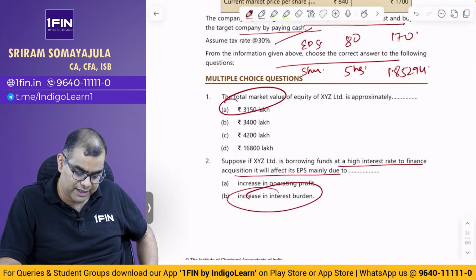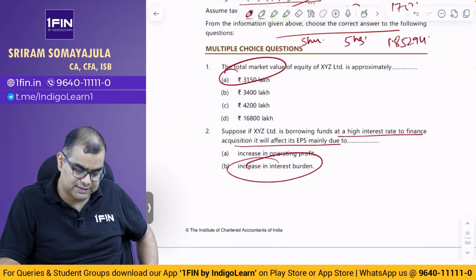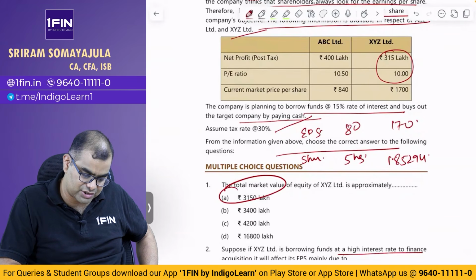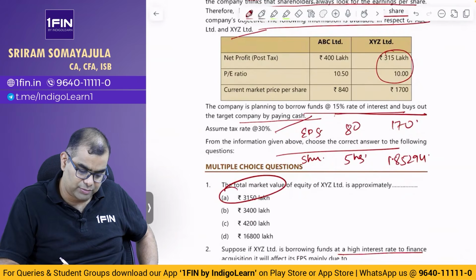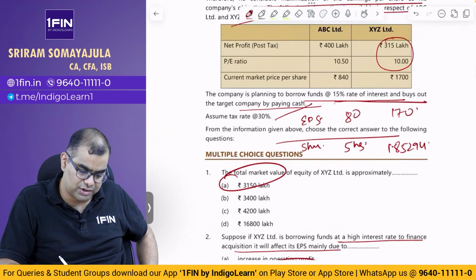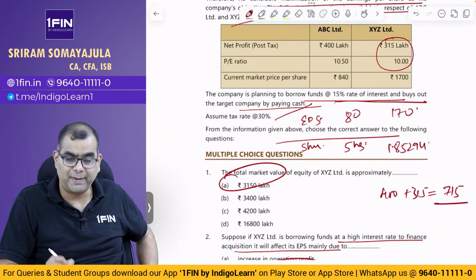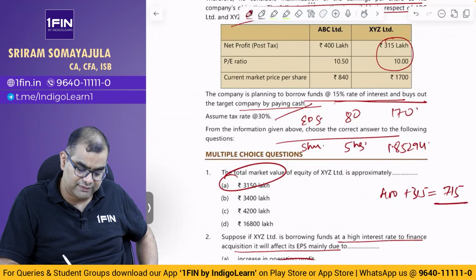So you are basically paying 4030 lakhs. How many shares are you getting? You're going to pay in cash, right? Okay, you're going to pay 4030. Now, what is the share count? What is the PAT? PAT we have is 400 lakhs and you have 315 lakhs, so total 715 lakhs. This is the PAT. But you also have interest.